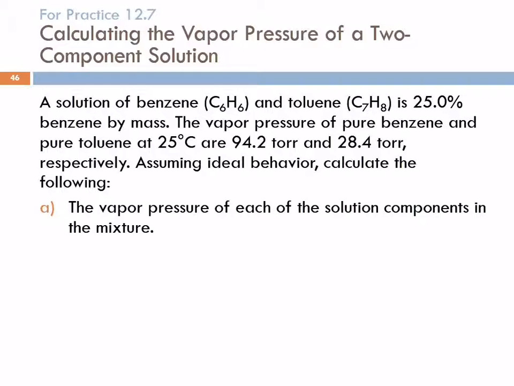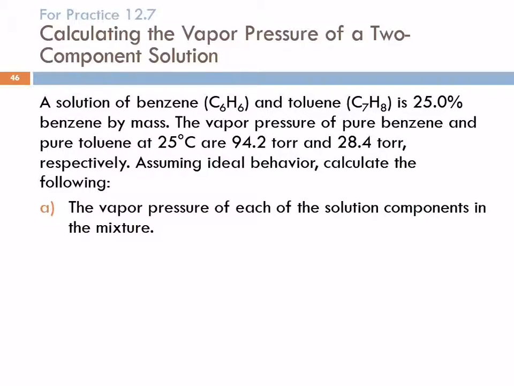Let's look at this. A solution of benzene and toluene is 25% benzene by mass. The vapor pressure of pure benzene and pure toluene at 25 degrees Celsius are 94.2 torr and 28.4 torr, respectively. Assuming ideal behavior, calculate the following.